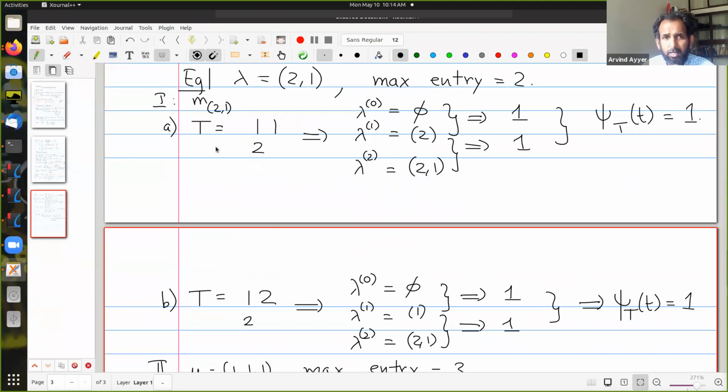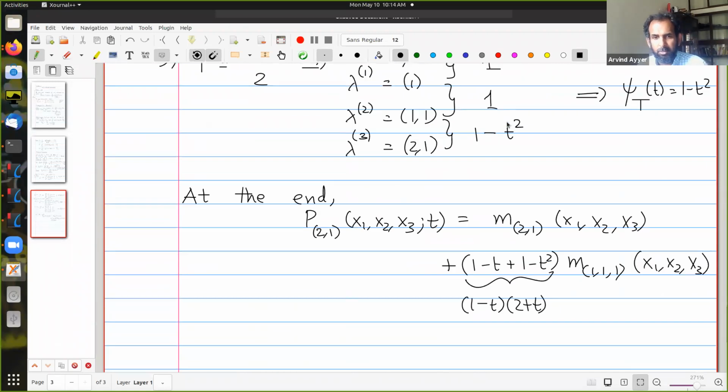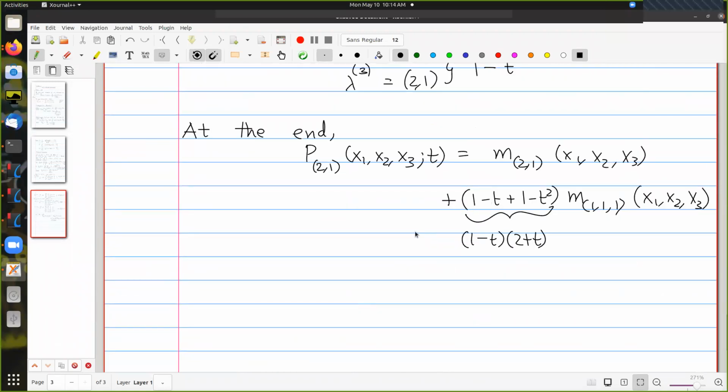And if you take the content to be the same as the partition, you will get exactly 1 tableau in which all the rows are constant and increasing down the columns. So then you will get exactly 1. Okay. So if you have 3 variables, x1, x2, x3, then in all cases you should consider max entry equal 3.